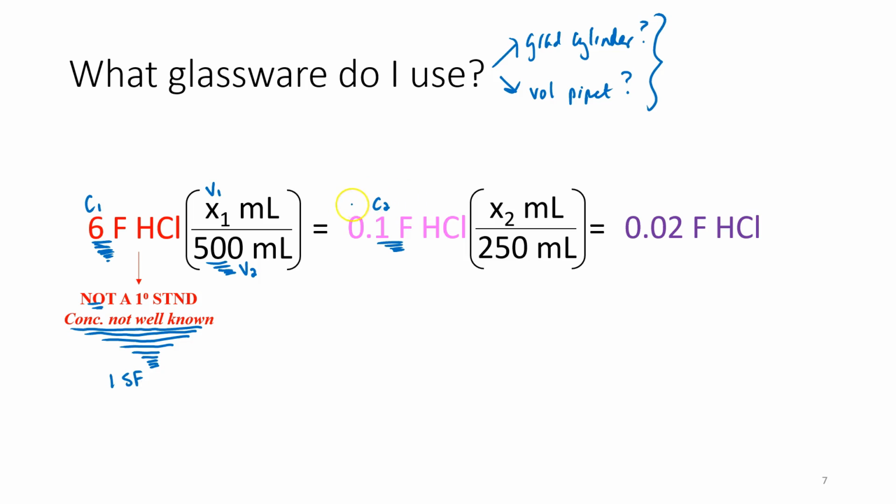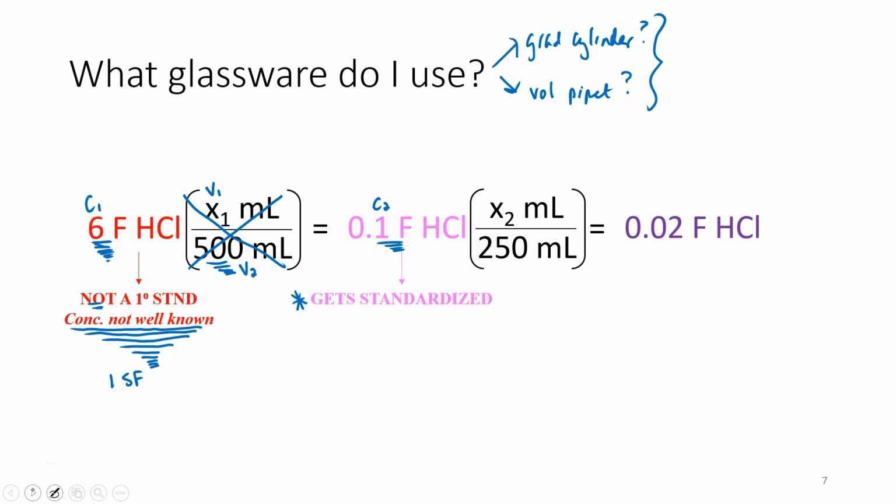Now think about how we determine the actual concentration of the 0.1 formyl HCl. If you think about it, the actual concentration of this has nothing to do with this. Instead, the actual concentration of your 0.1 formyl depends on the titration, the standardization, in other words.